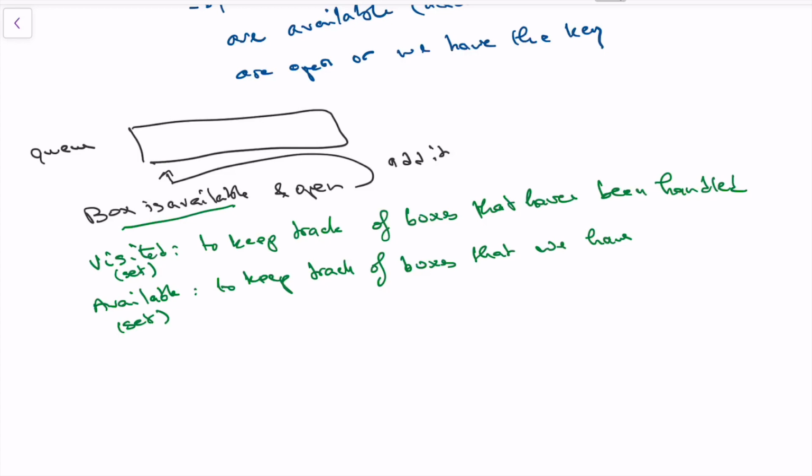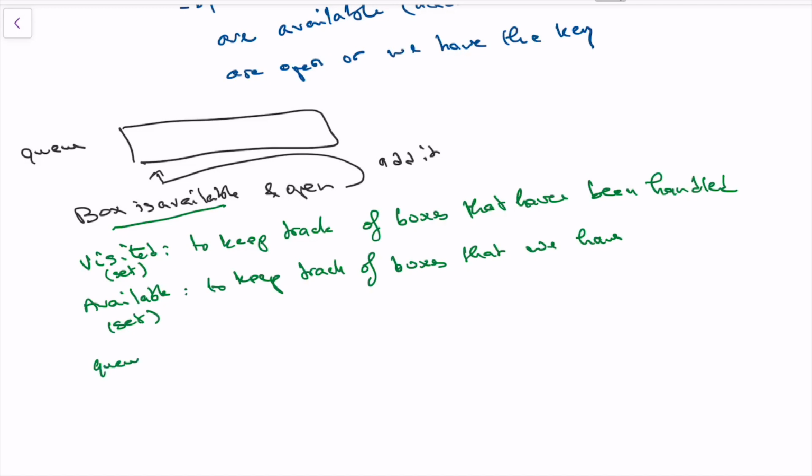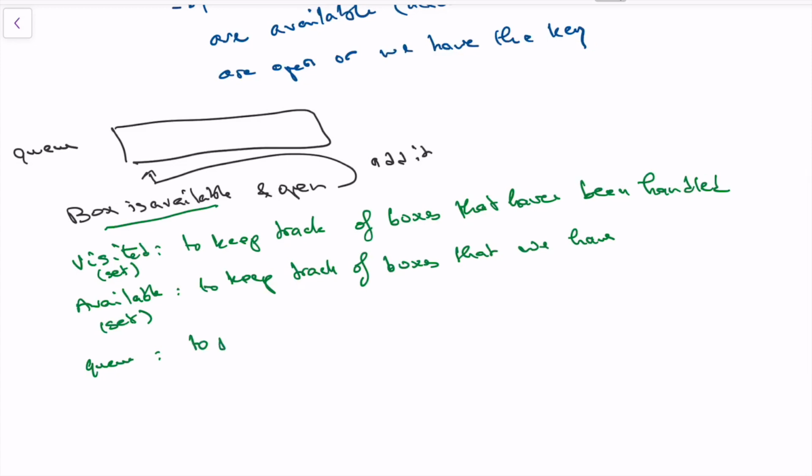And we need our queue, right? Our queue that we will use to put the boxes that are ready to be processed, right? Because they are both available and opened, right?